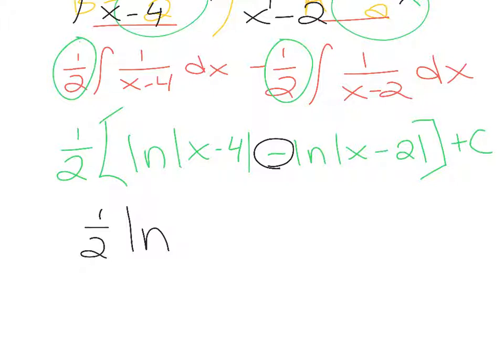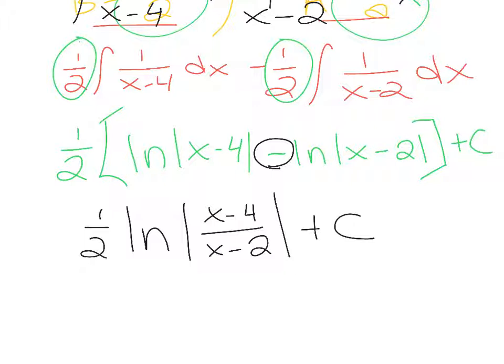Subtraction changes to division. So this then becomes the absolute value of x minus 4 divided by x minus 2 plus c. And then the other thing that they may do is apply the power property of exponents, which says that this 1/2 actually becomes the power on this. So it becomes this to the 1/2 power.